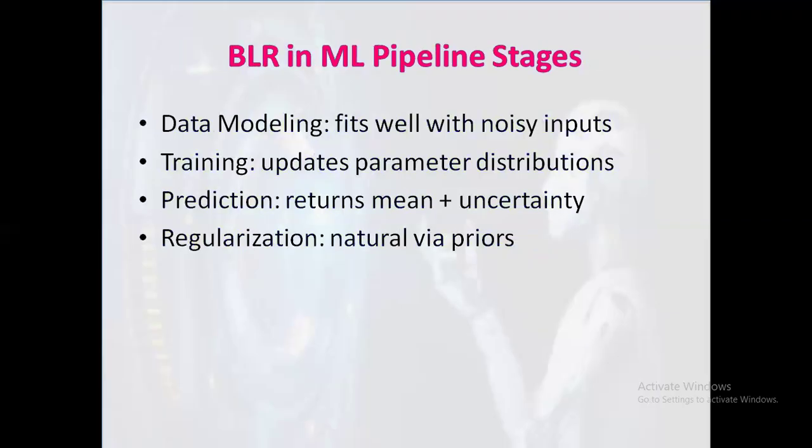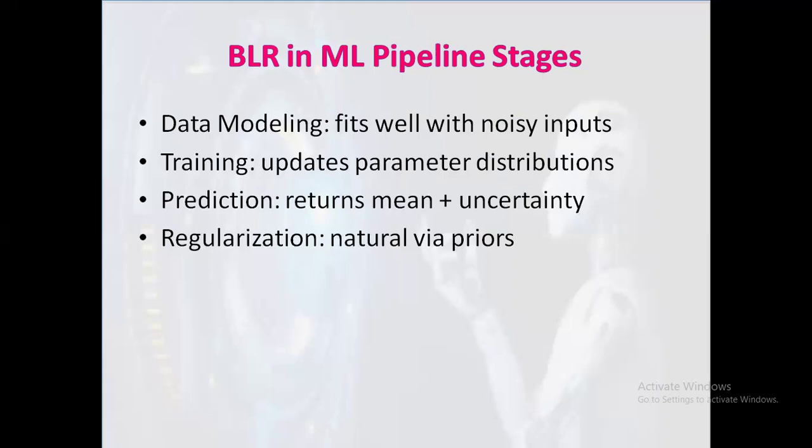Next, we'll see how Bayesian linear regression, that is BLR, fits in ML pipeline stages. Bayesian linear regression plays a unique role across various stages of the machine learning pipeline. During the modeling stage, BLR is particularly effective for datasets with noisy data or when data is limited. During training, instead of optimizing parameters via a loss function, BLR updates the probability distribution of weights.